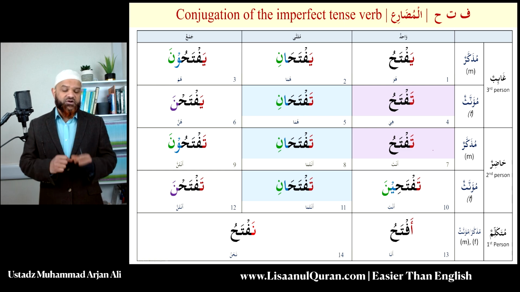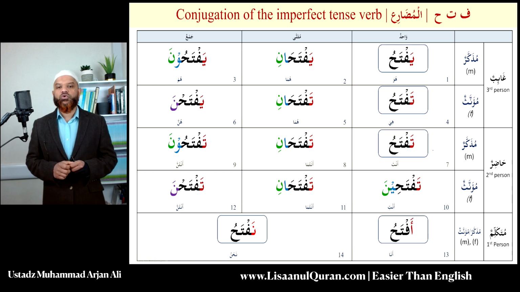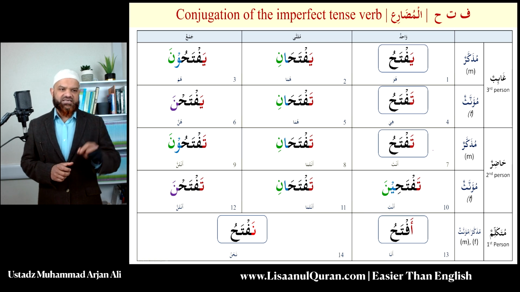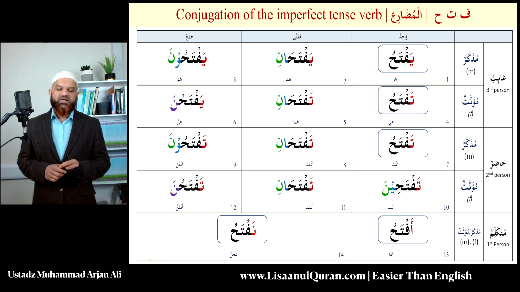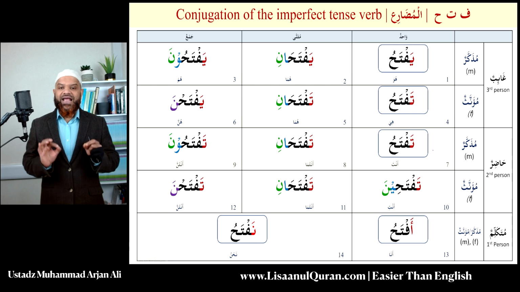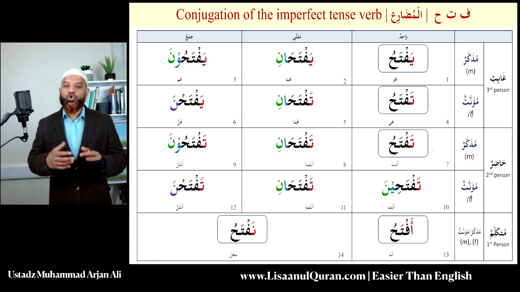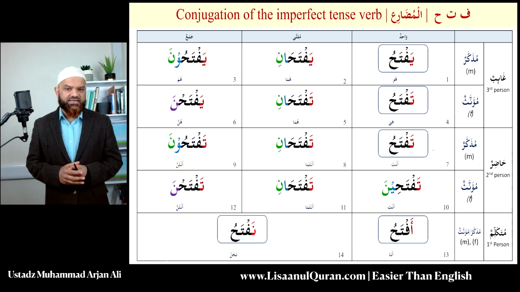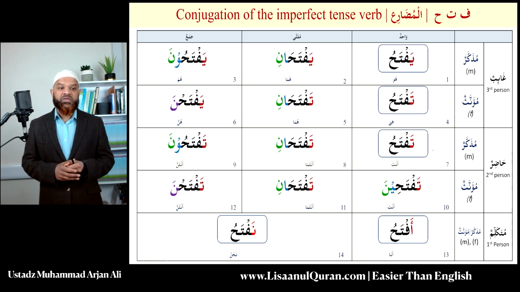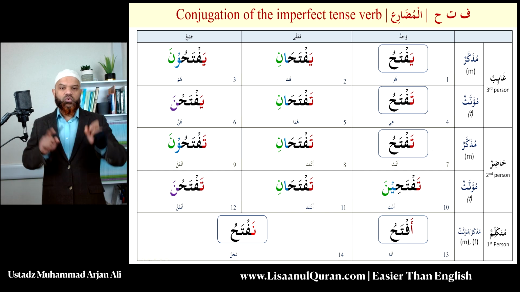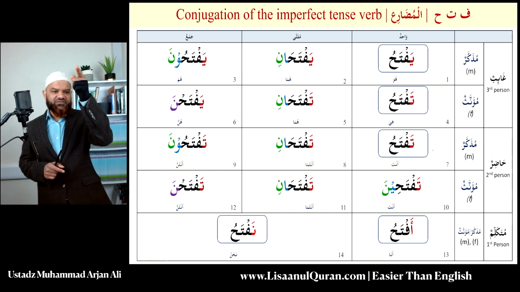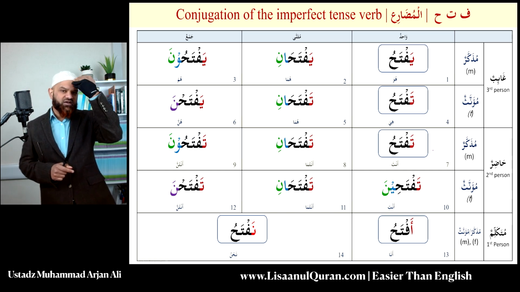Another very important point about the patterns that you will note that we have a set, 5 of them, that do not have any suffixes. So there's nothing at the end of them. No wow, no noon, nothing added at the end of them. Please take a close look at them. So we have yaftahu, taftahu, taftahu, aftahu, naftahu.